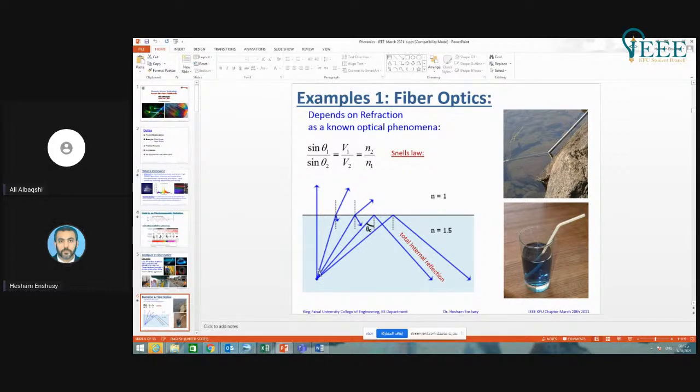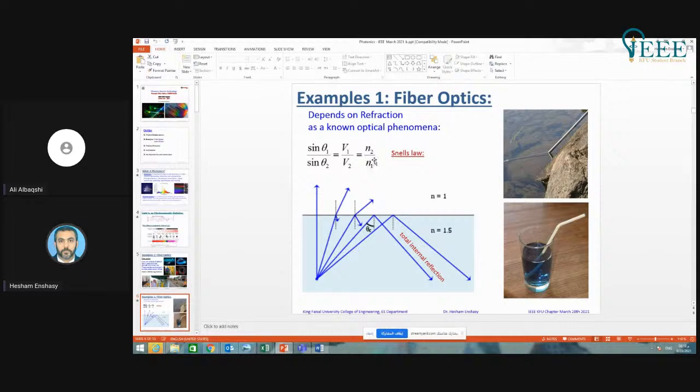So if I have a light directed at the interface between medium number 1 and medium number 2, then the angle of incidence of this light over the angle of refraction of the light that went to the second medium equals the speed of light in the first medium divided by the speed of light in medium 2, which in turn equals the refractive index of medium number 2 divided by the refractive index of medium number 1.